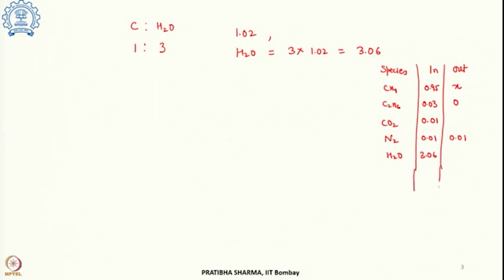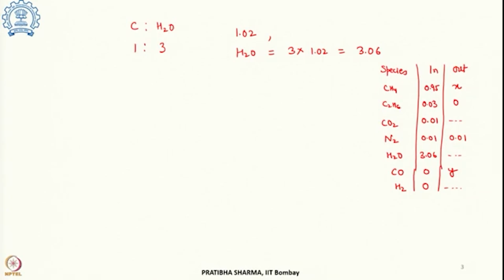What comes out at the exit, we will find out. For CO, the initial mole percent was 0; let us assume that on reaction it is Y. For H2 it was initially 0, and we will find out how much is there. These are the entries we need to fill in the table.